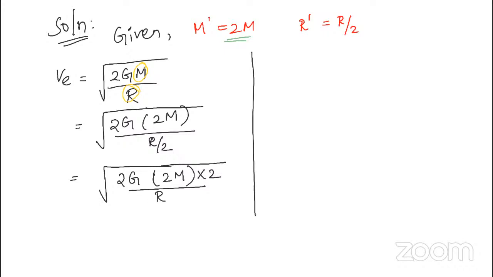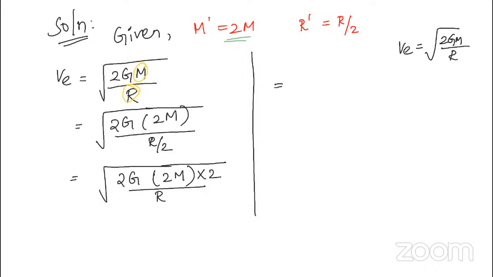Then for the next step, we are trying to keep it in the VE form, where VE is equal to square root of 2GM by r. We can rearrange the expression in that format.